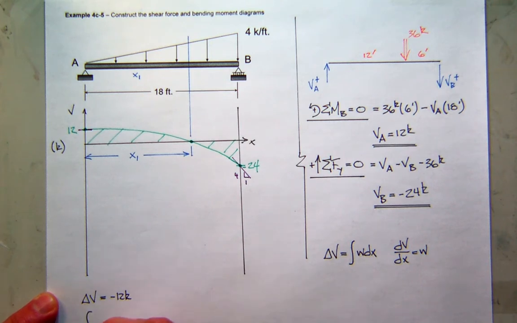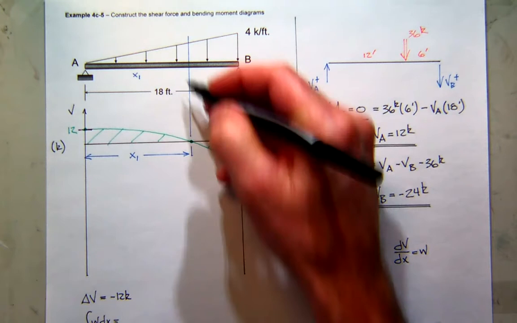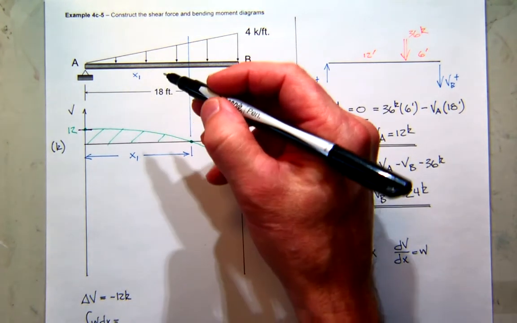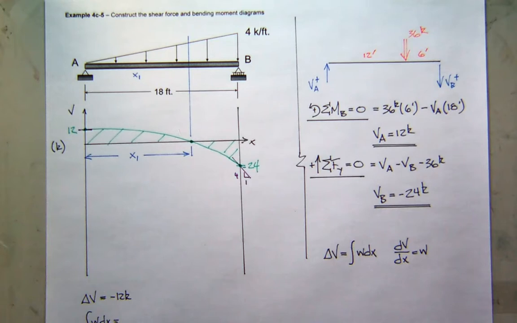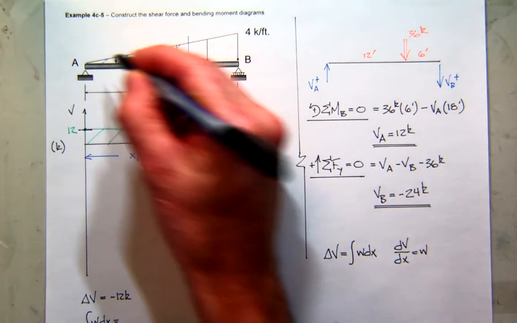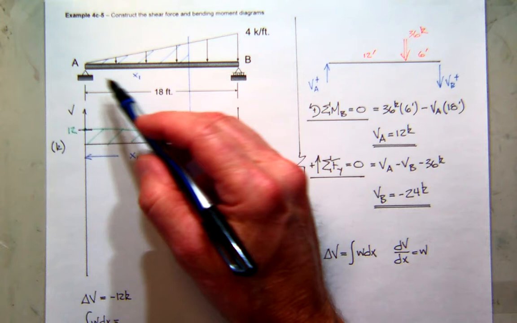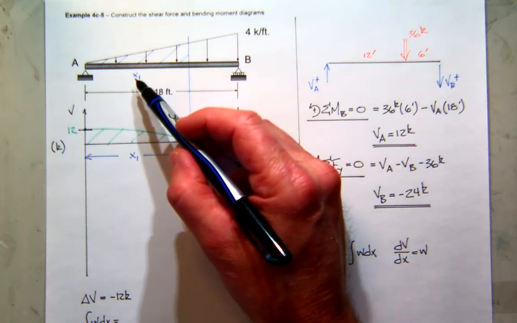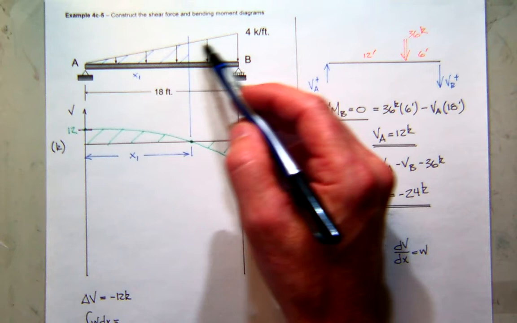And what's the area under the load diagram in this same section? Well, it's going to be the area of this part of the curve. So it's going to be 1/2 base times height. What's the height for any x? Can you write this as a function?